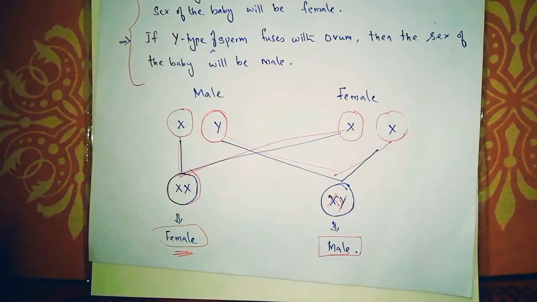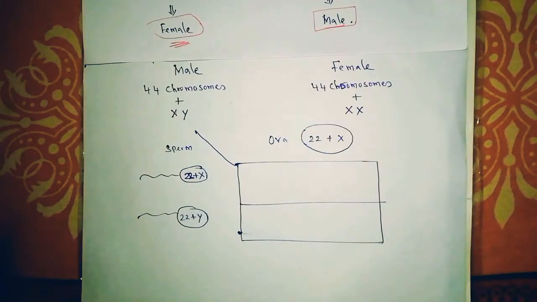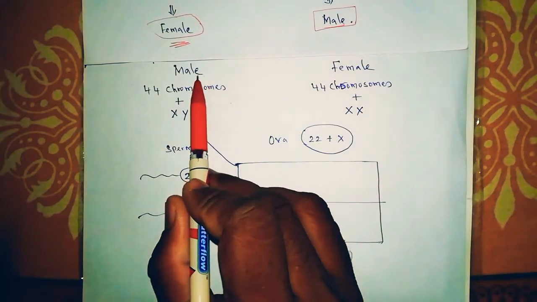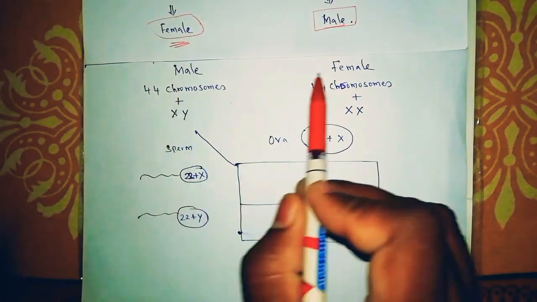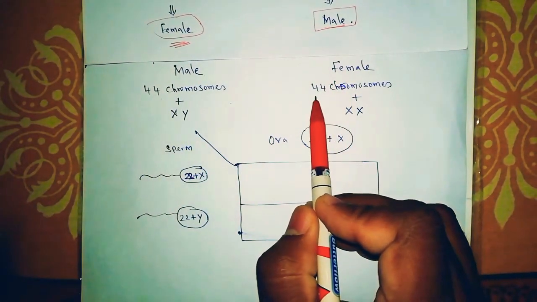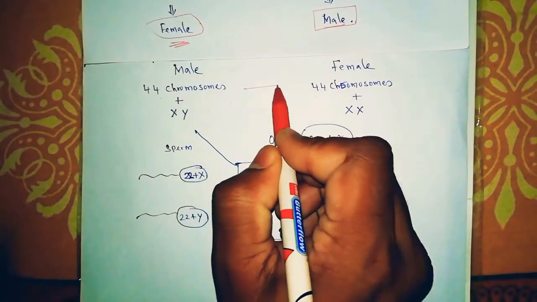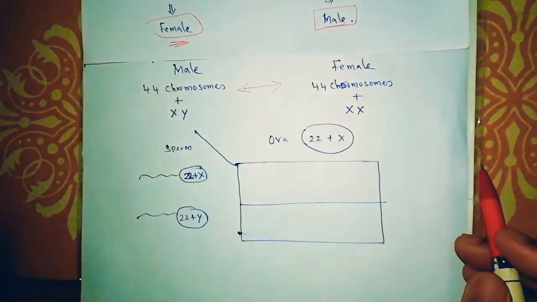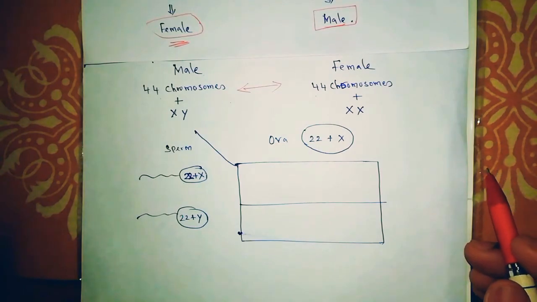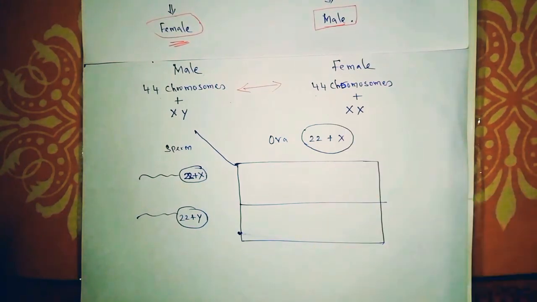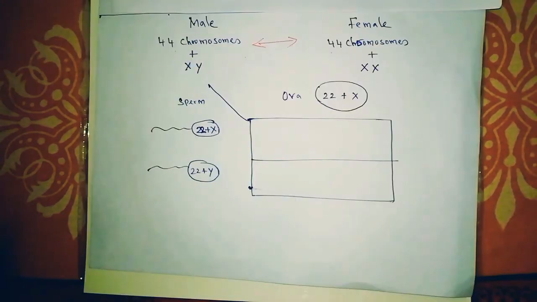Will you all understand this? Let's learn even more about this. As we say, male has 44 chromosomes, female also has 44 chromosomes. These are named as what? Yes, autosomes, right?